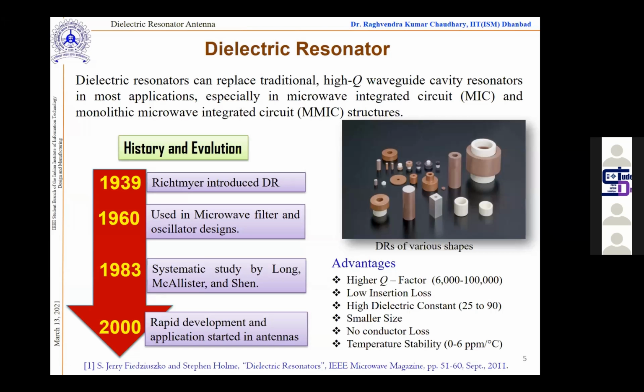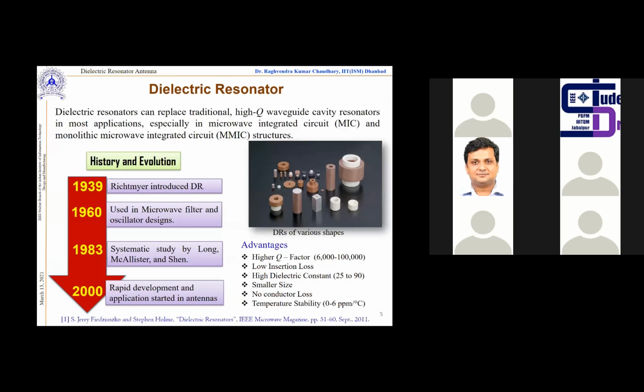Earlier, DR was used mostly in filters and oscillators. After 2000, papers started coming, and DR showed a possibility that we can use it as a radiator as well, correct?